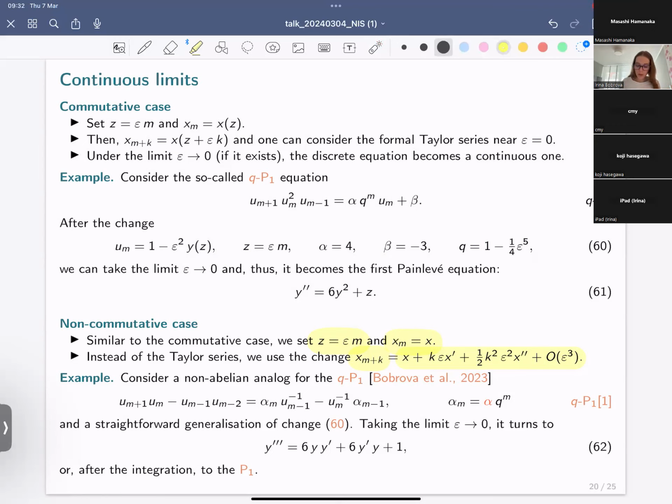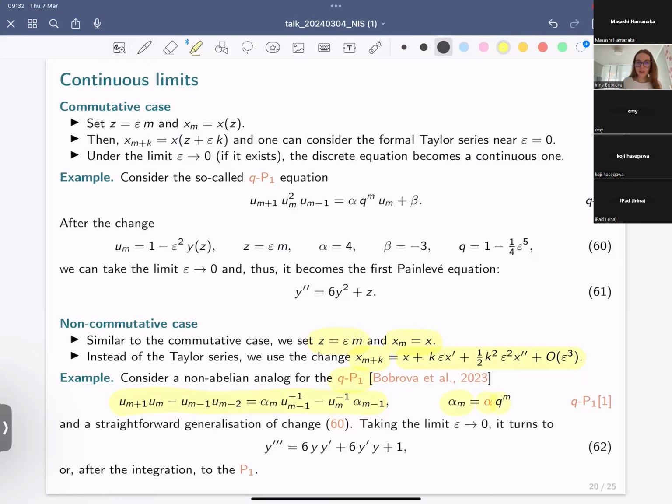Let us look at the example. Let us consider the non-abelian analog for the first Painlevé equation. It's given by this formula. Here we have a non-autonomous constant alpha sub m, which is just alpha multiplied by q to the power m. Here alpha is a non-commutative constant and q is a commutative constant.